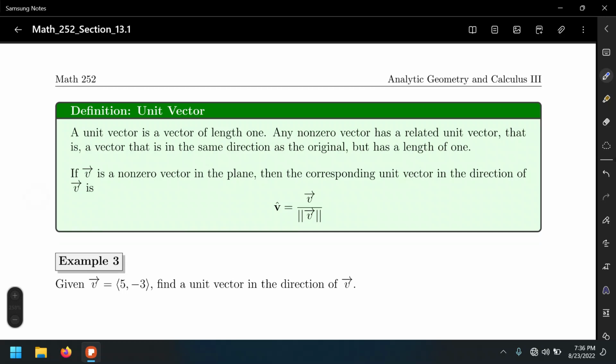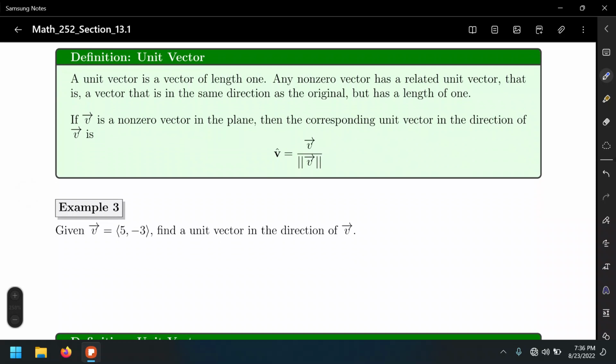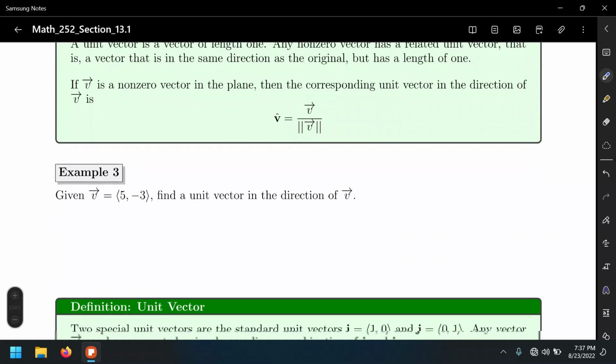All we do is divide the components of the given vector by its magnitude, all right? And here is a notation. When it comes to unit vectors, we have a special notation for them. We have this little hat right here. It's very tiny on your paper and on the screen here for whatever reason, but that's how we will denote it.